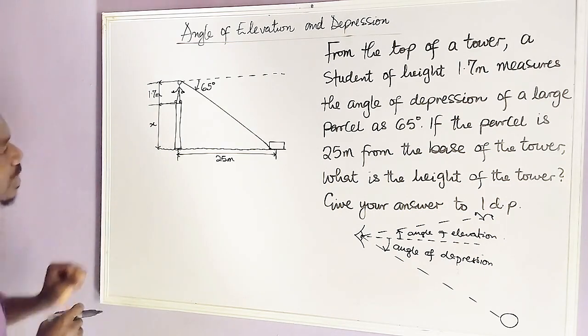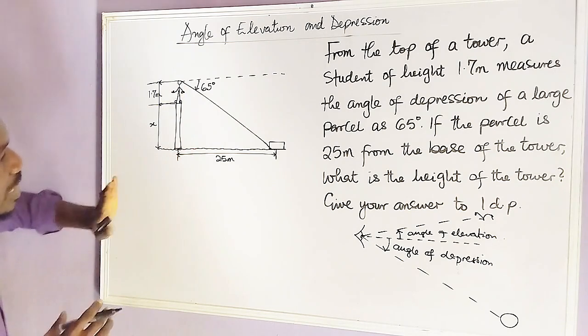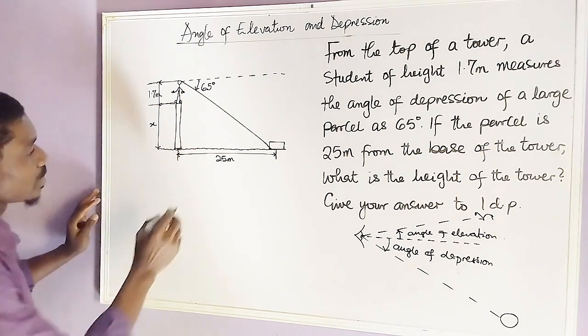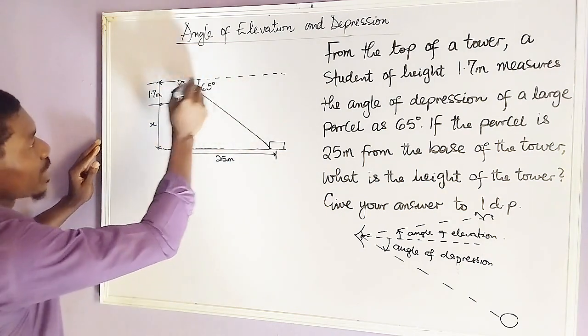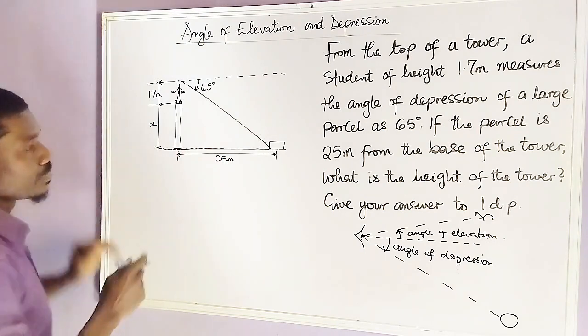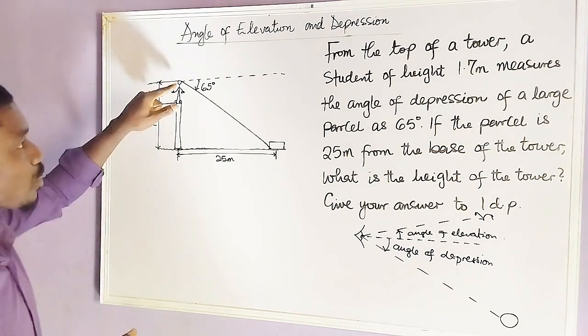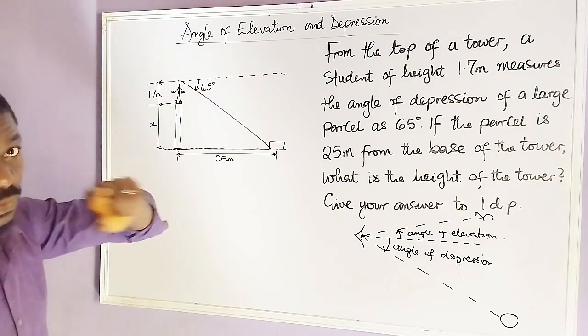Looking at this diagram, take note that the horizontal ground will definitely be parallel to the initial eye view of the student, which is what? Horizontal.